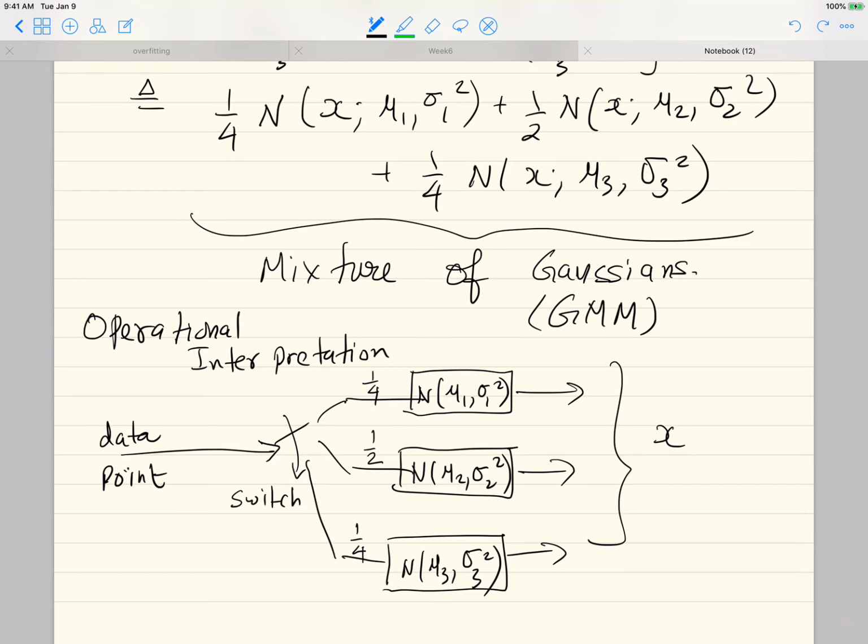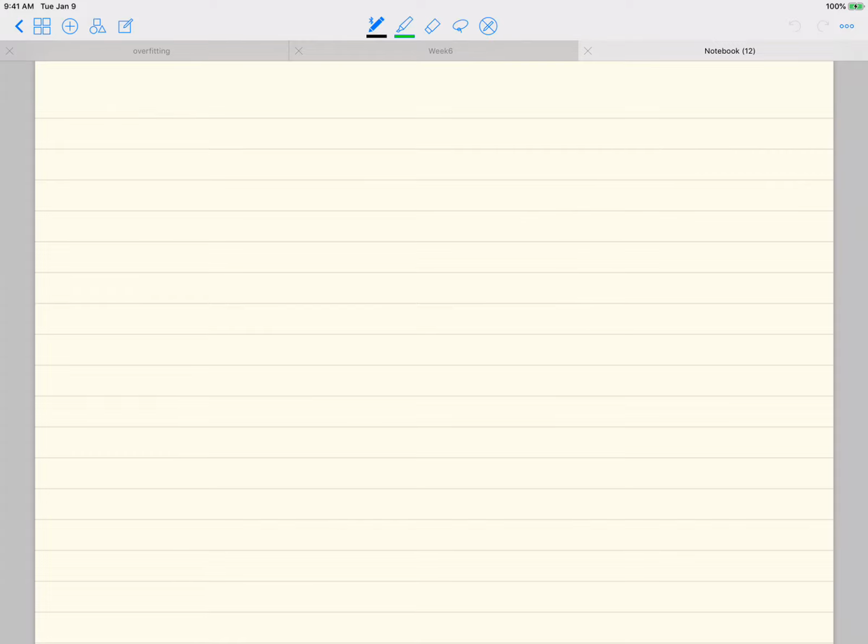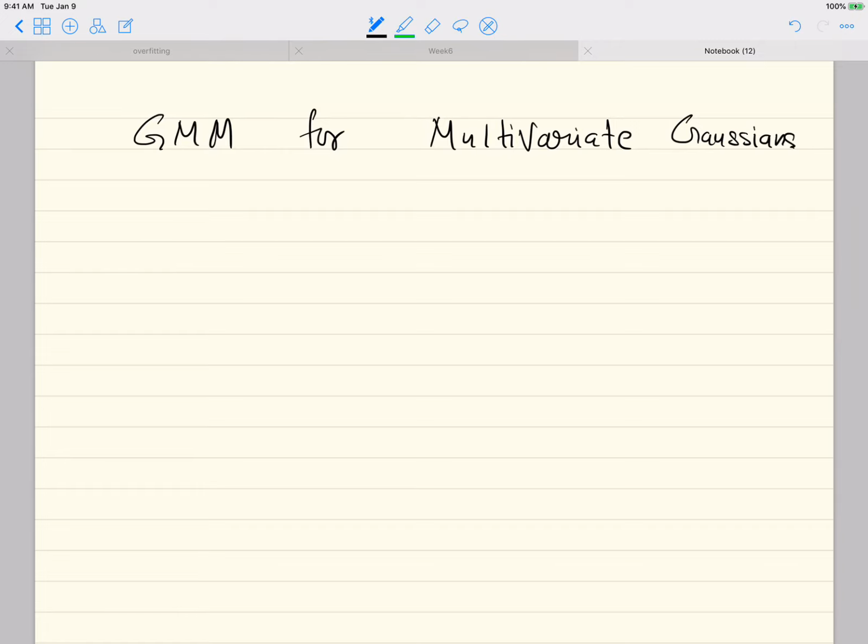So now we will just formalize this definition for multivariate Gaussians and then take a break. The idea here is that the Gaussian with mean mu j and covariance sigma j is the jth Gaussian.